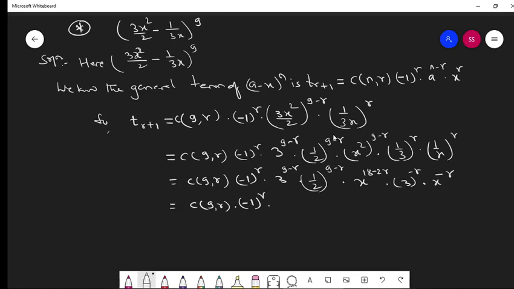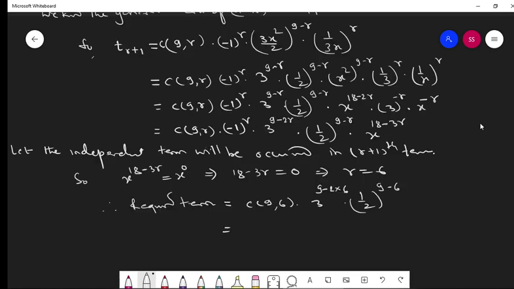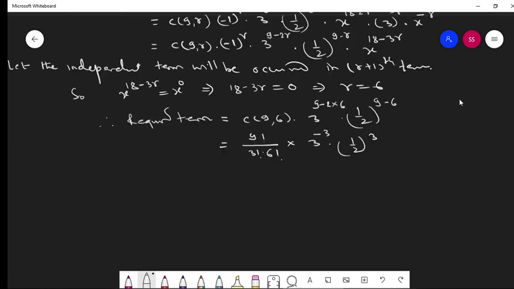This equals 9 factorial by (9 minus 6) is 3 factorial times 6 factorial, times 3 to the power 9 minus 12, that is 3 to the power minus 3, times (1/2) to the power 9 minus 6, that is (1/2) to the power 3. Then, dear students, we have to calculate: equals 9 times 8 times 7.